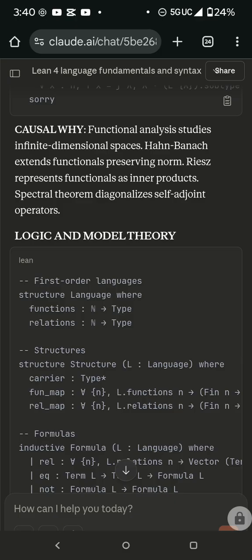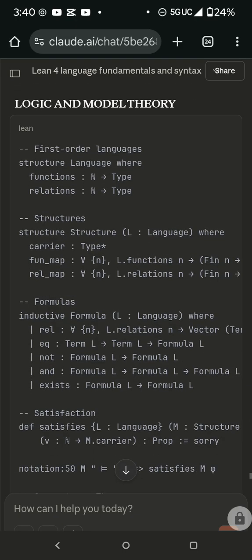Well, that could be useful because aspects of certain problems have infinite dimensionalities in a kind of sense. Basically, Hahn-Banach extends functionals preserving norm. Riesz represents functionals as inner products. Spectral theorem diagonalizes self-adjoint operators.